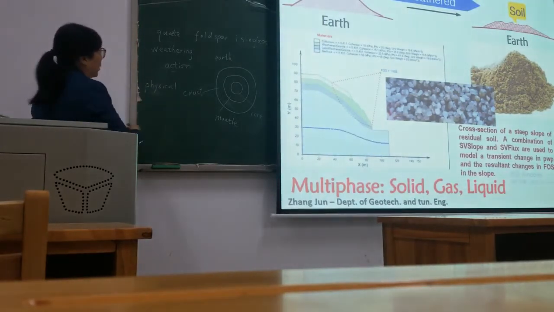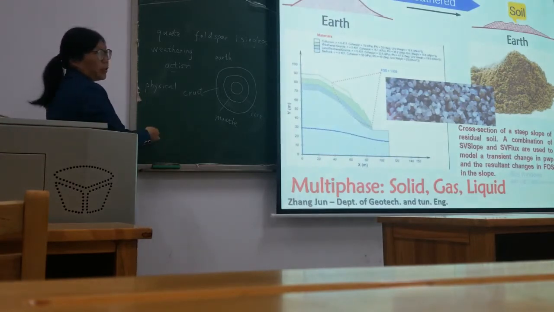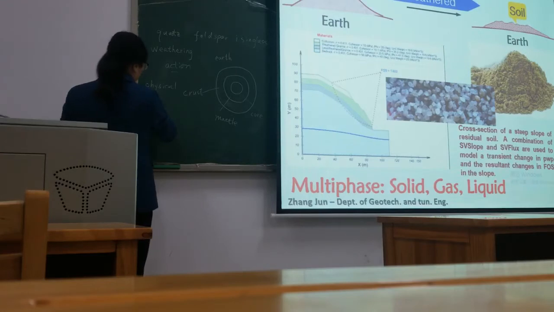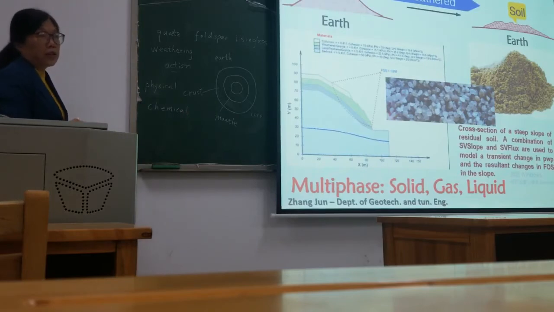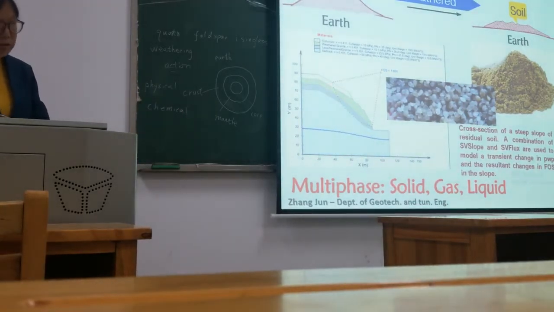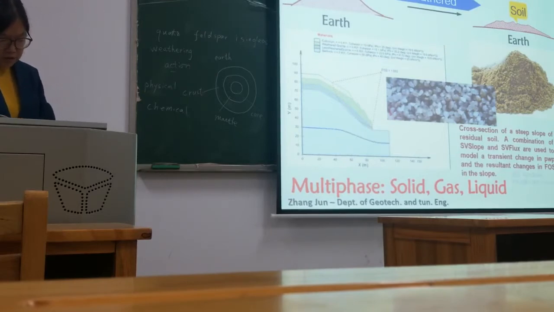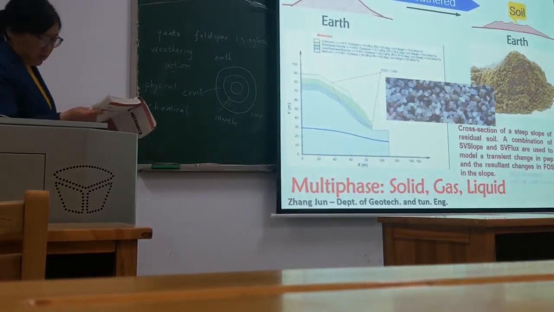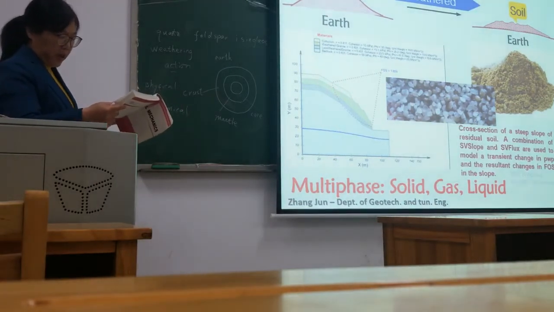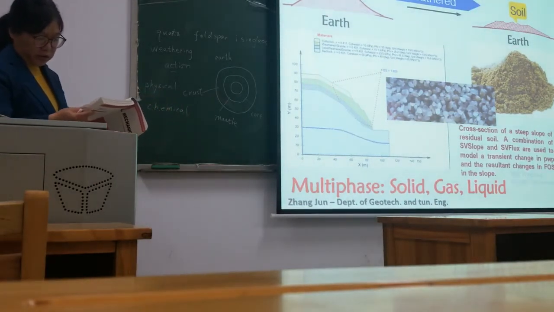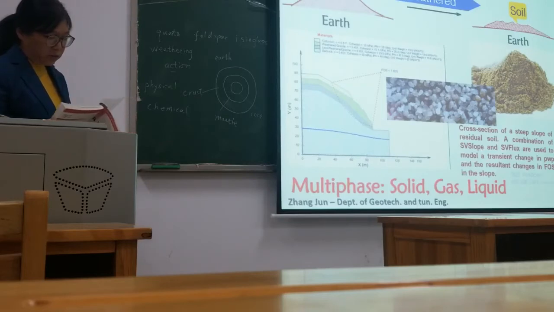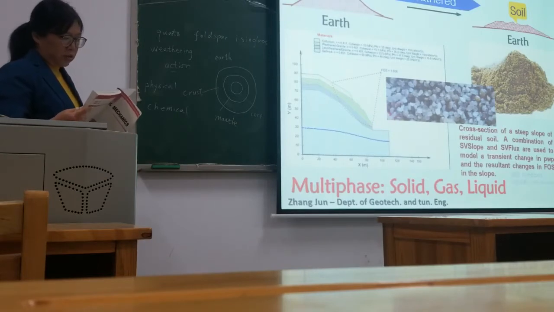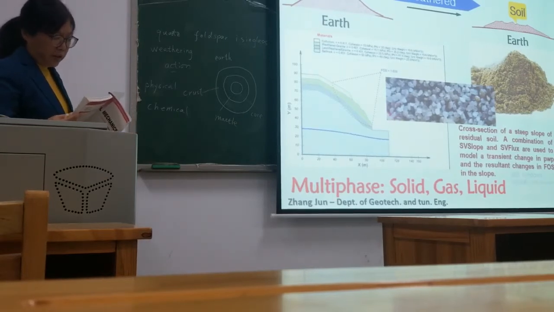And another type of weathering action we call chemical weathering. What is chemical weathering? In our textbook, chemical process results in changes in the mineral form of the parent rock due to the action of oxygen, carbon dioxide, and water.